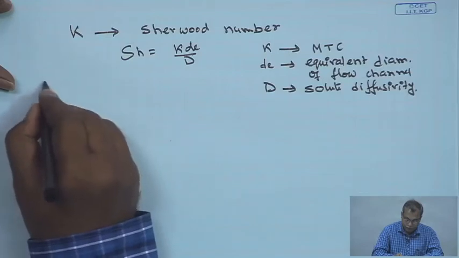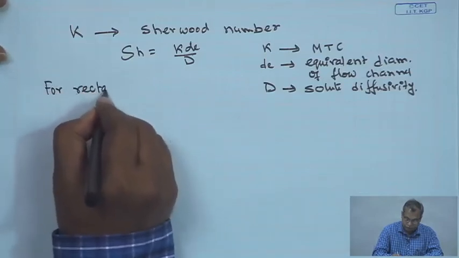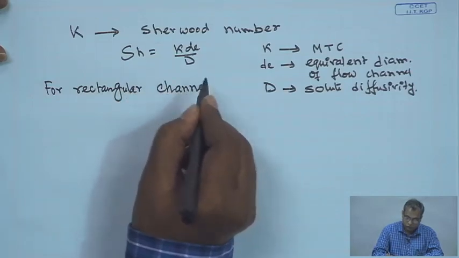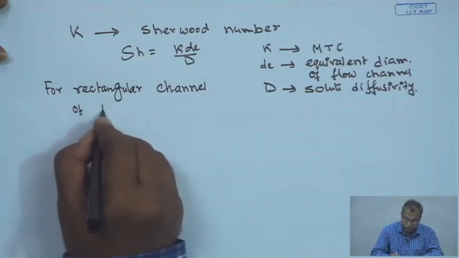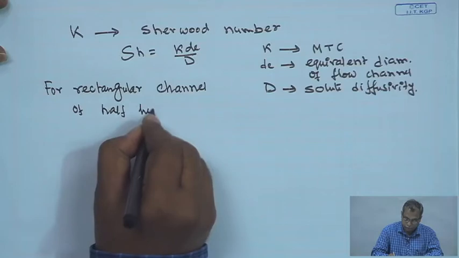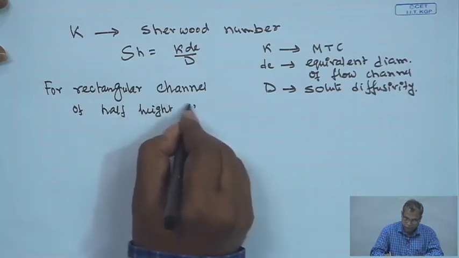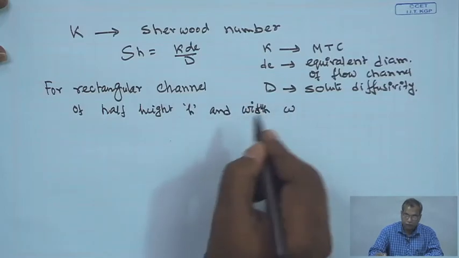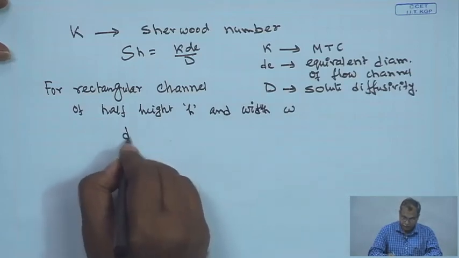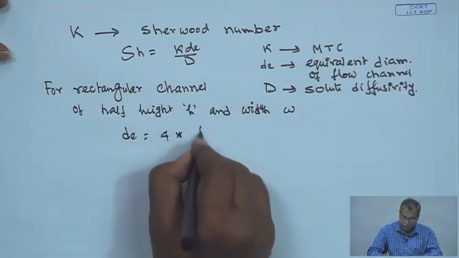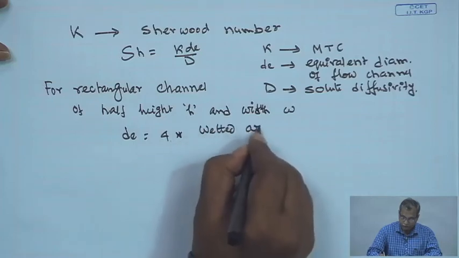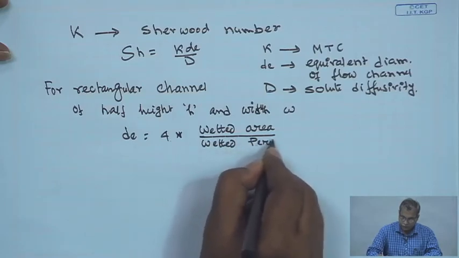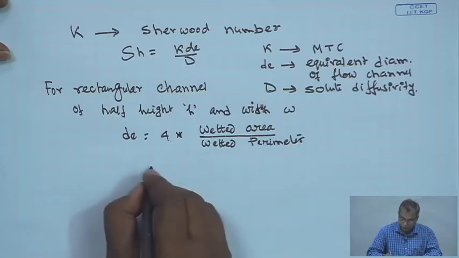Therefore, for a rectangular channel of half height h and width w, one can estimate the equivalent diameter as 4 into weighted area divided by weighted perimeter. So, let us find out what it comes out to be.